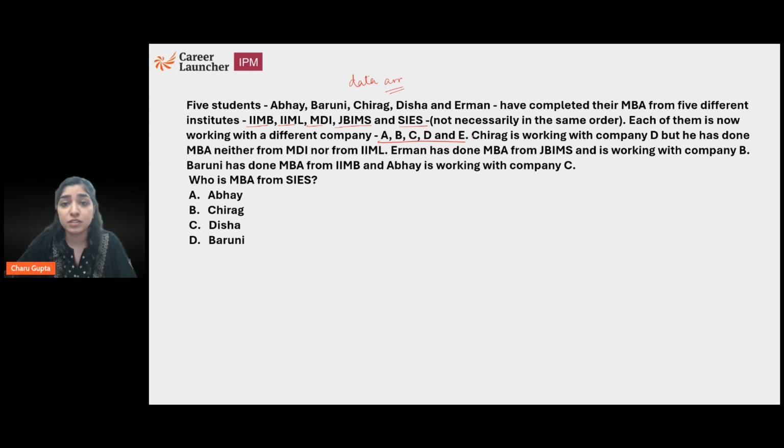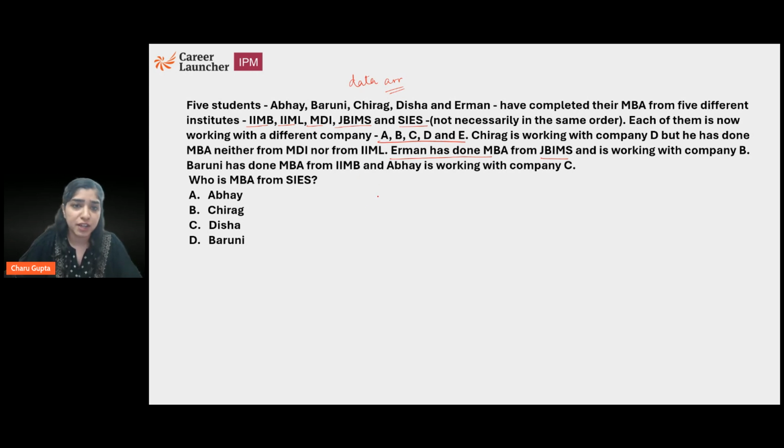So first condition is that Chirag is working with company D, but he has done MBA neither from MDI nor IIML. Arman has done MBA from JBIMS and is working with company B. Direct information. Baruni has done MBA from IIMB and Abhay is working with company C.